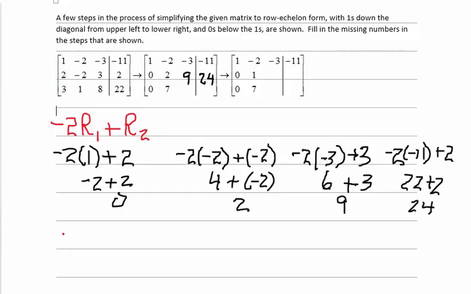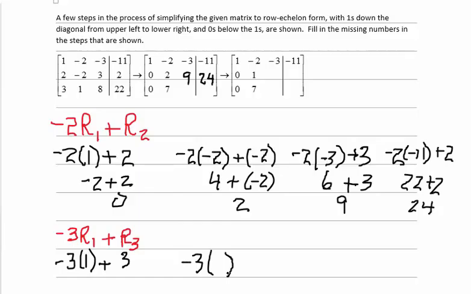So I'm going to multiply -3 times row 1, and I'm going to add that to my original row 3. So we're going to follow a similar process. So -3 gets multiplied by the 1 that was originally in row 1. And then I add to that the 3 that was in my original row 3.